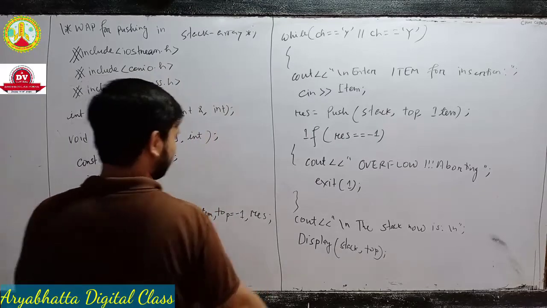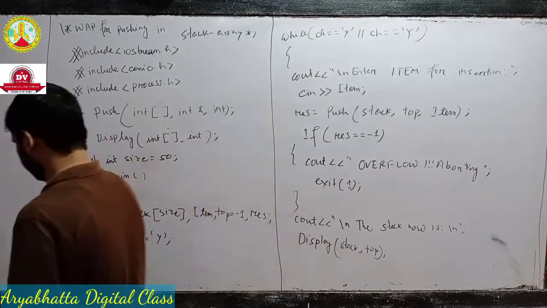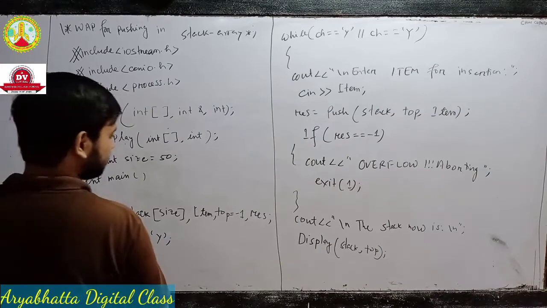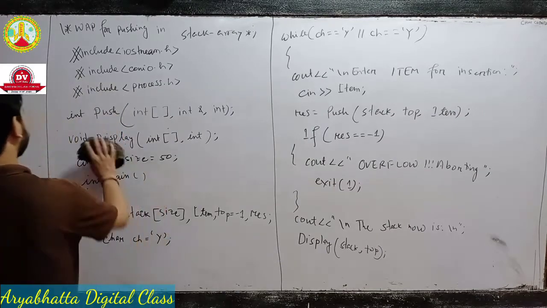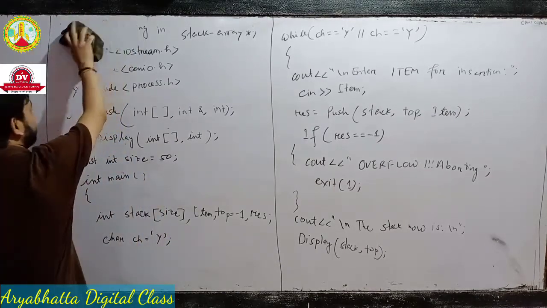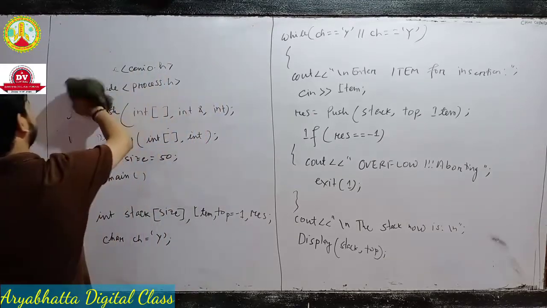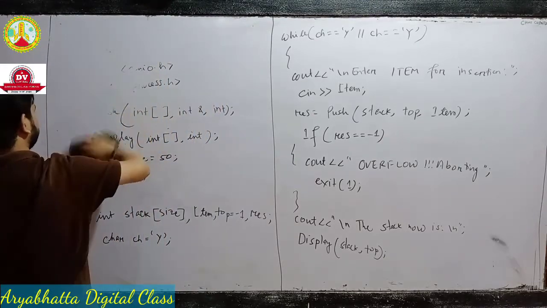Here we take the top as a direct integer reference. Okay, see, because after inserting the element, the index is coming as an integer directly. Okay, I show you.